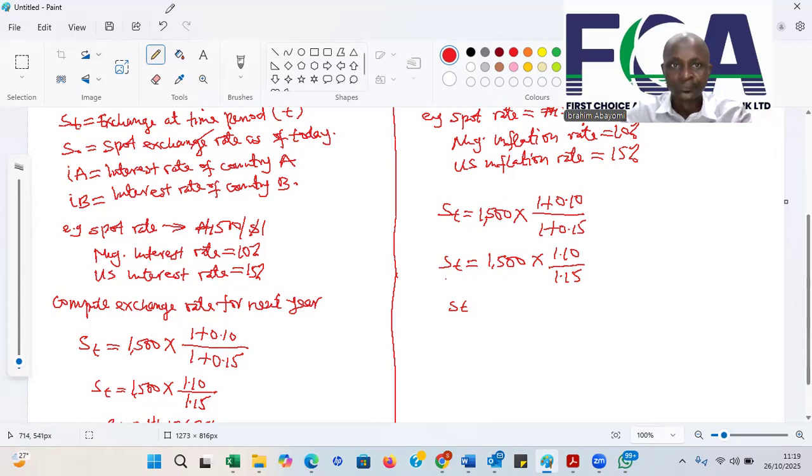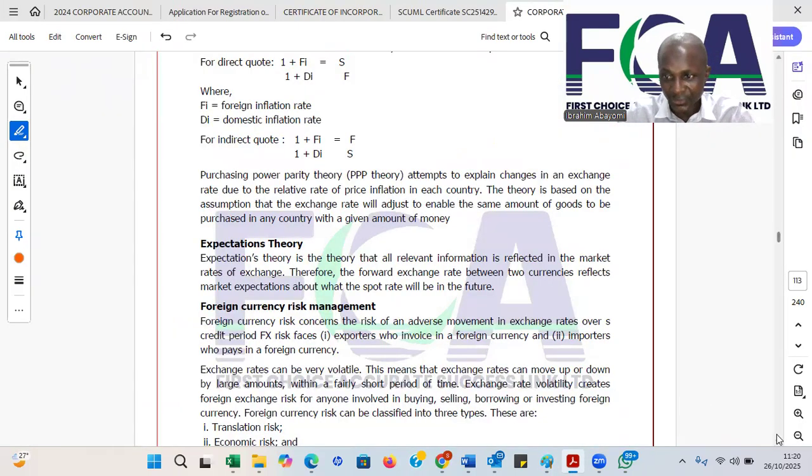So ST is equal to 1.1 divided by 1.15 multiplied by 1,500. 1,434 Naira to United States dollar. Okay, 1,434.78 to $1. Okay, so that's our purchasing power parity theory.